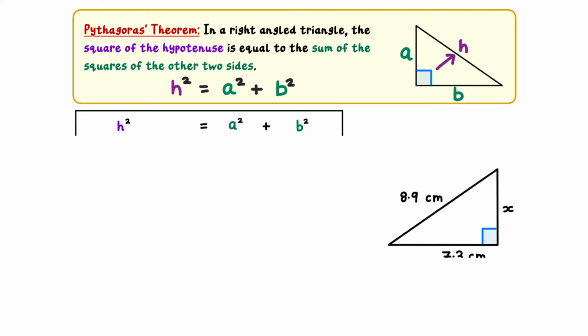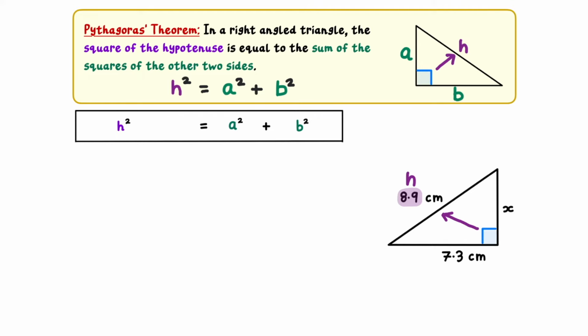Let's have a go at one final example. In this triangle, the sides are labelled as 8.9 centimeters, 7.3 centimeters, and x. To identify the hypotenuse, h, we look across from the right angle. In this triangle, h is equal to 8.9.